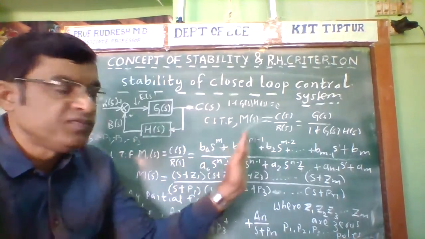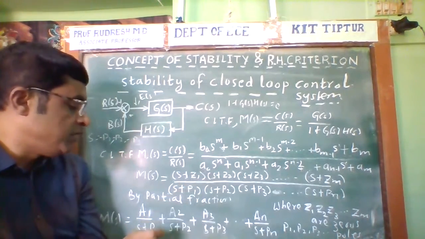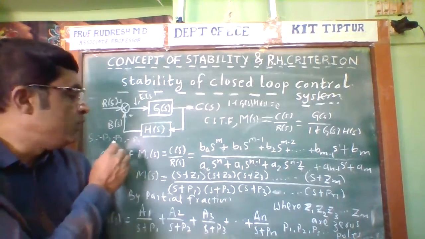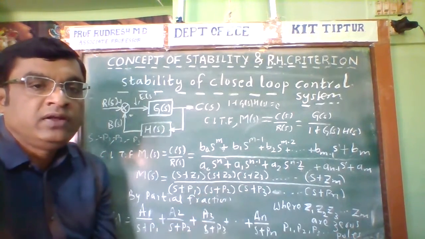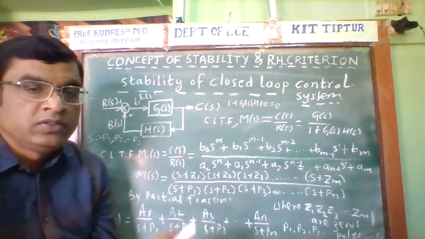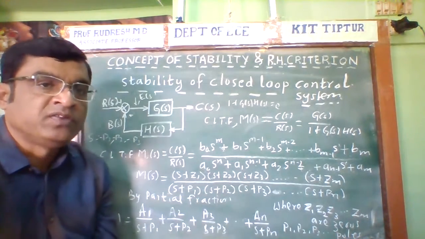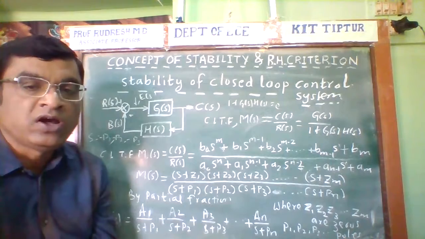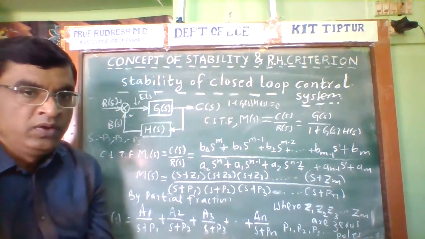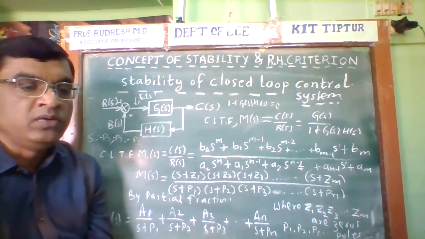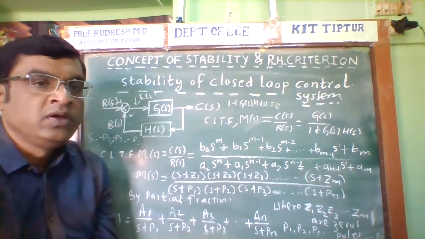If all the poles, P1, P2, P3, are located on the left half of the S-plane, then the system is stable. If any one pole lies on the right half of the S-plane, then the system is unstable.